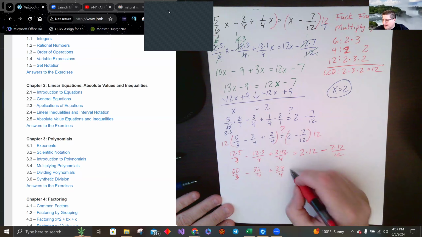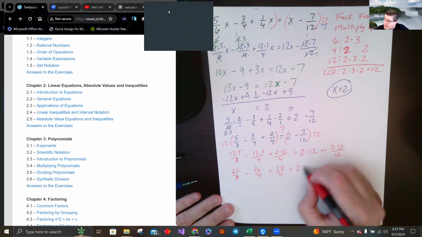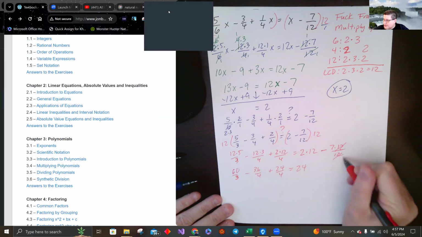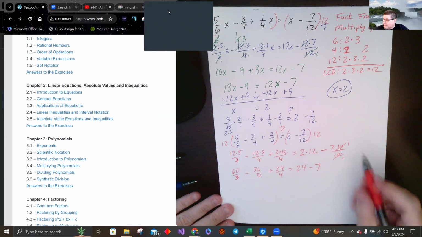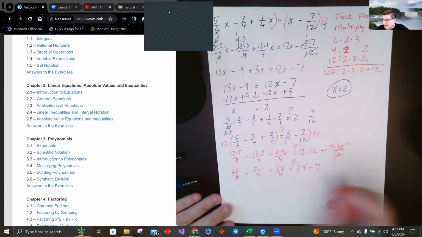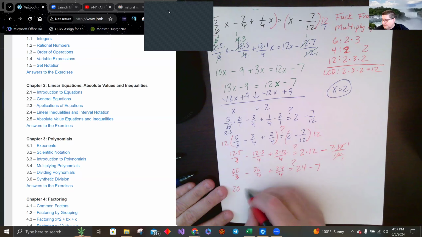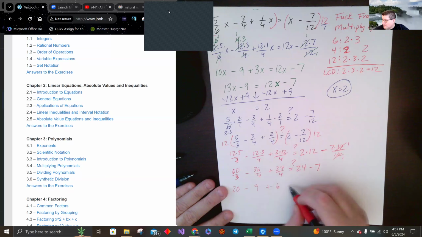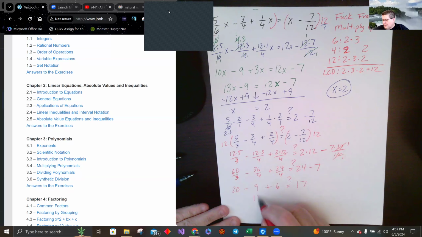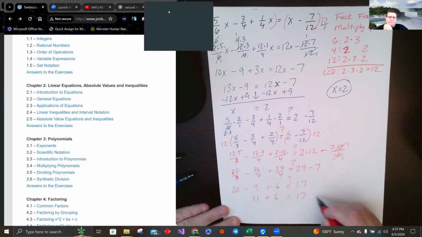This is another way of doing it without canceling. I'm canceling there. It's just too easily set up. 60 divided by 3 is 20. 11 plus 6 does equal 17.